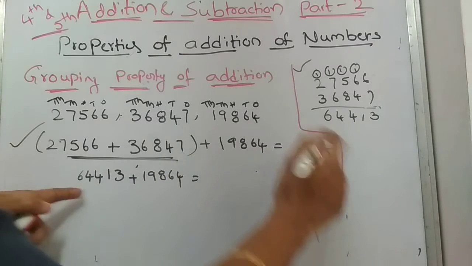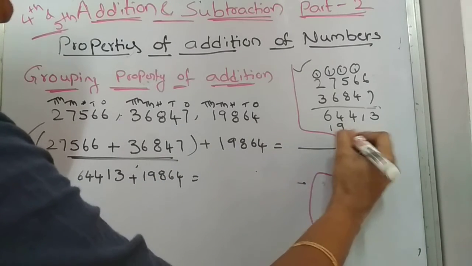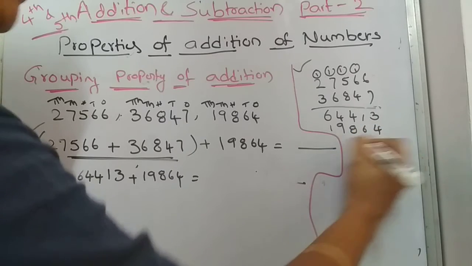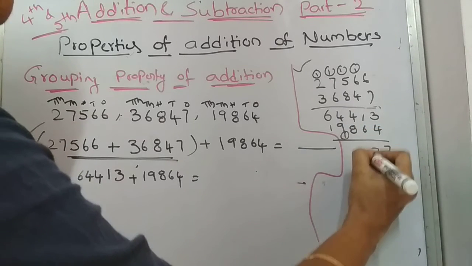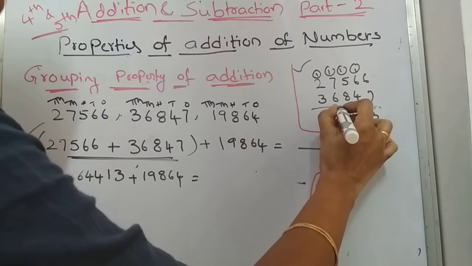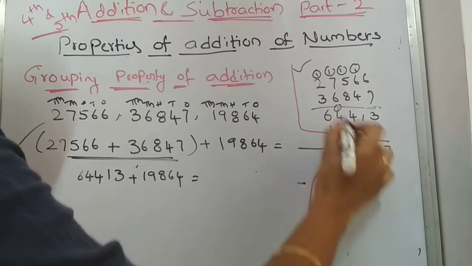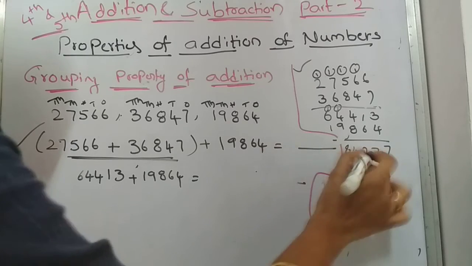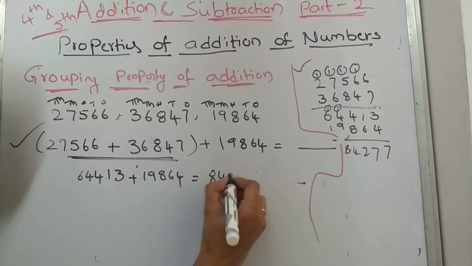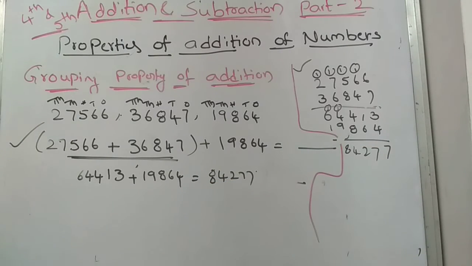Again I have to add this one. 4 plus 3, 7. 7, 12. 8 plus 4, 12. 9 plus 1, 14. 8. What will we get? 84277. This is the first one.